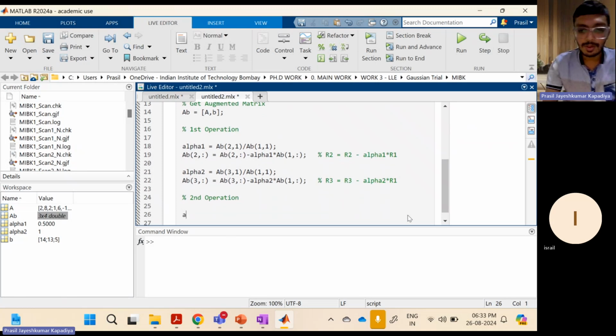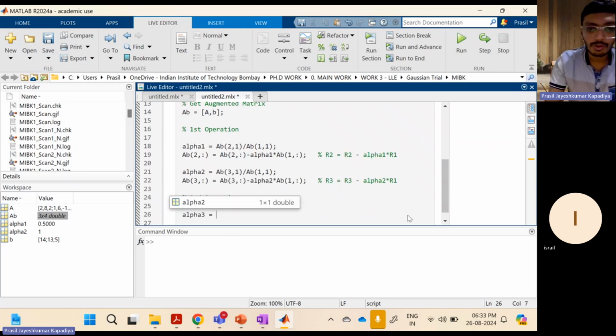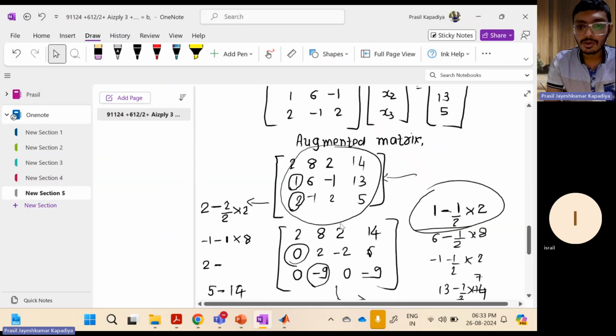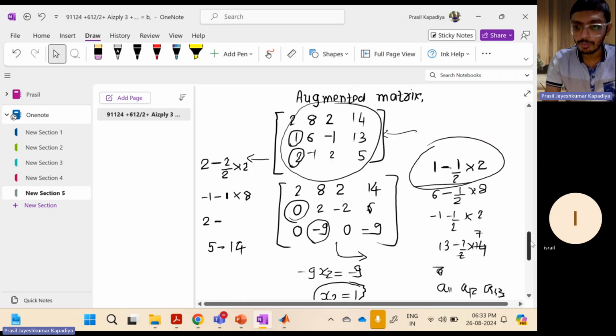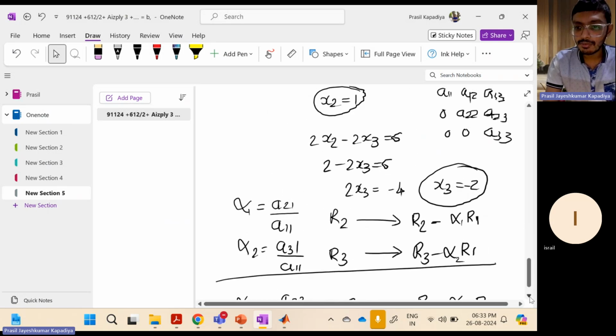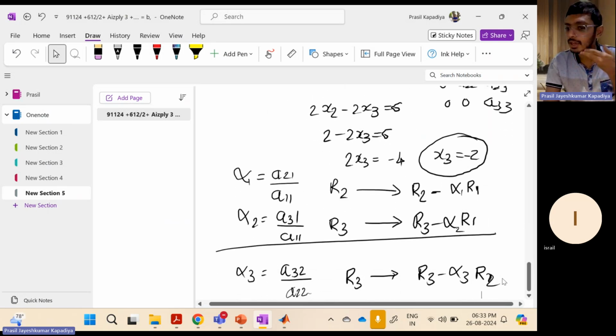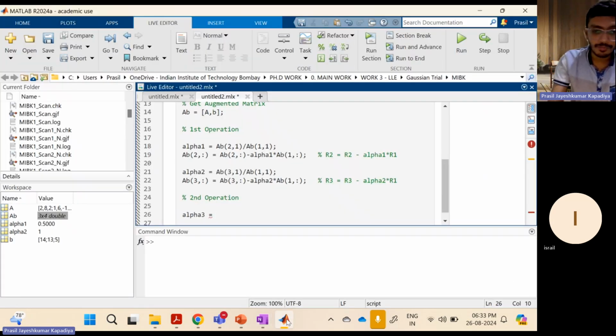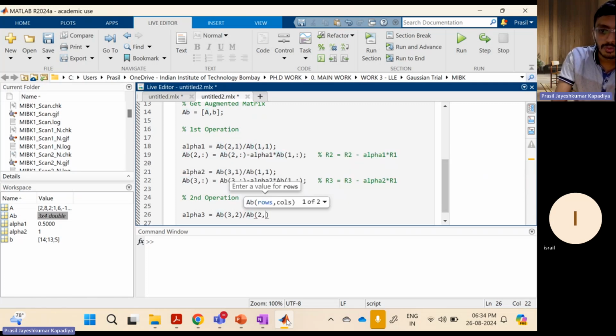I'm defining my alpha 3. Now how can I make it 0? I can make this 0 by row 3 equals row 3 minus alpha 3 times row 2, and alpha 3 is my A32 by A22. So A32 divided by A22.